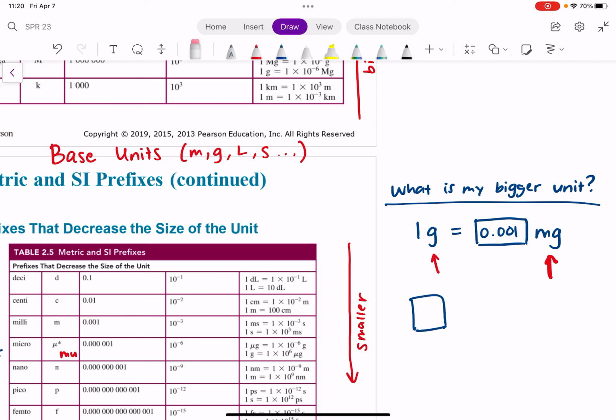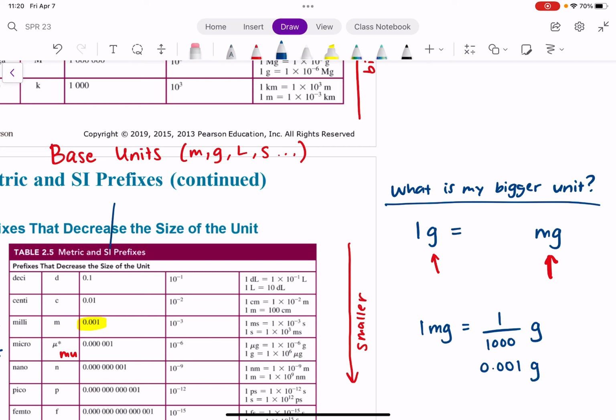What this number 0.001 is saying over here is that you're basically dividing. You're getting that much smaller than your base unit. So you could think of it as 1 milligram is 1 over 1,000 grams, or 0.001 gram.